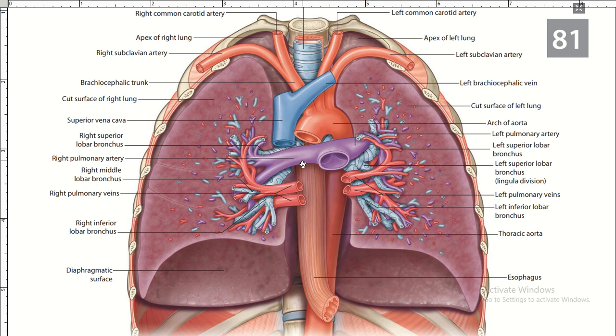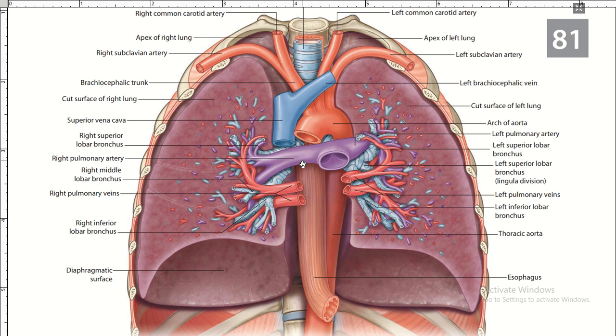The bronchomediastinal lymph nodes of the left drain into your thoracic duct. Remember this. And the bronchomediastinal lymph nodes of the right drain into the right lymphatic duct.